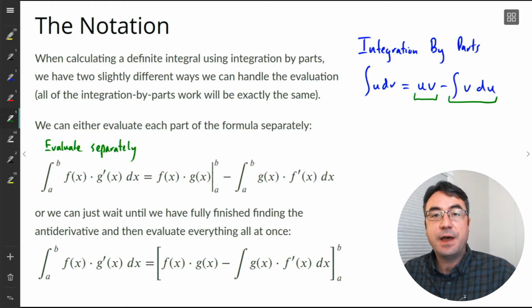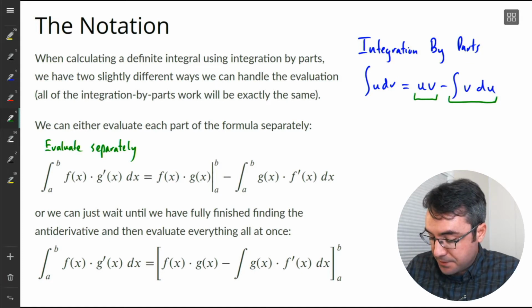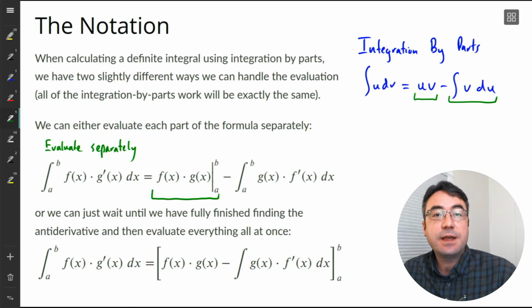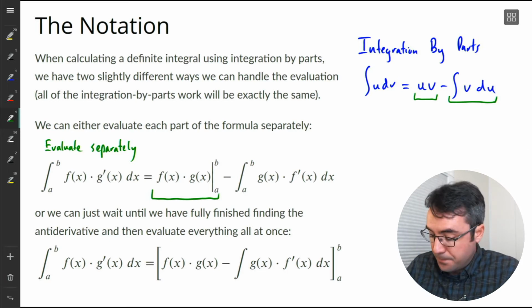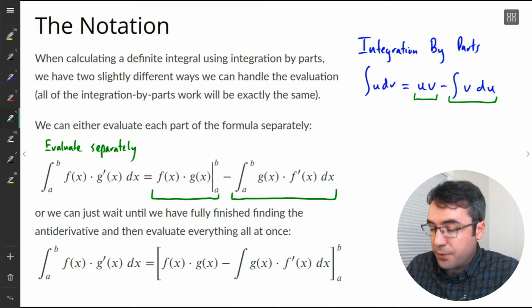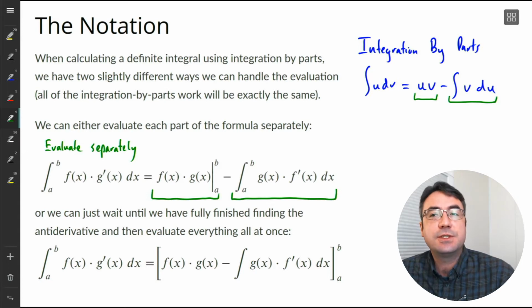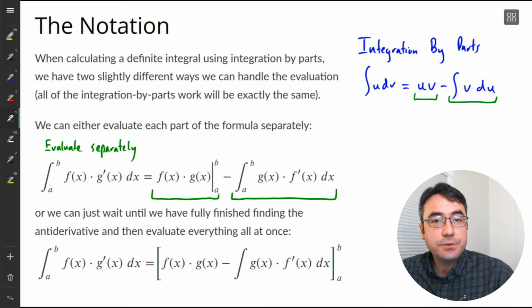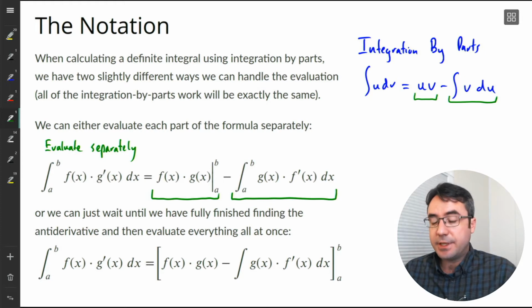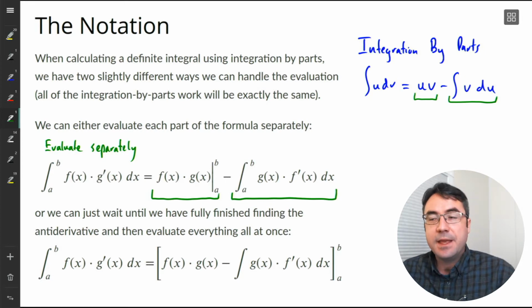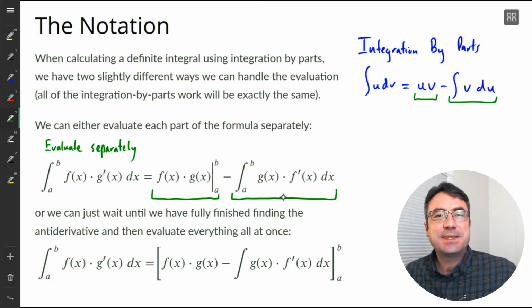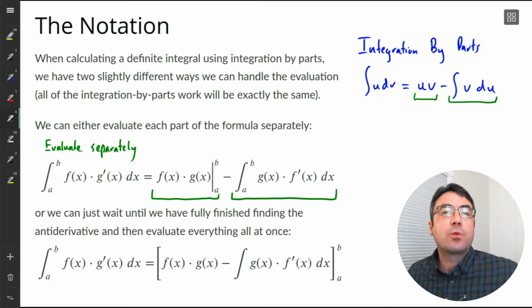There we've evaluated the u times v part, which is right here in the formula. Then we still have that remaining integral to do, and we'll evaluate that as well, separately. There are benefits to this approach, especially if that remaining integral is a bit more complicated and there's a bit more work you have to do.